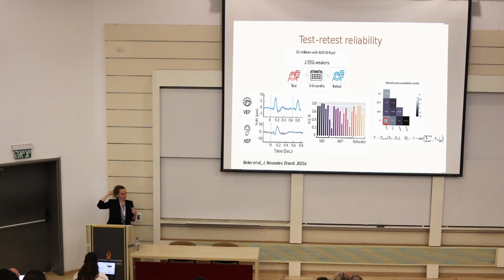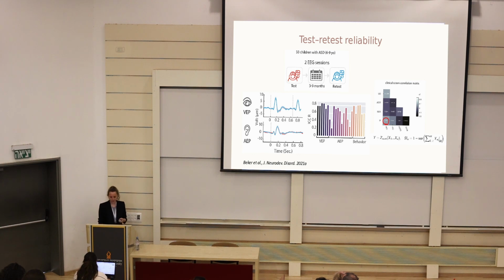We measured EEG and performance. Out of 24 measures, which include visual evoked potentials, auditory evoked potentials, reaction times, variability of reaction time, heart rate, and so on, there were 10 that passed the test for reliability. We used the intra-class correlation coefficient, and 10 were found to be good.